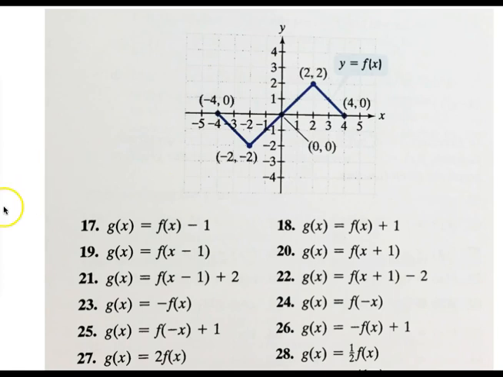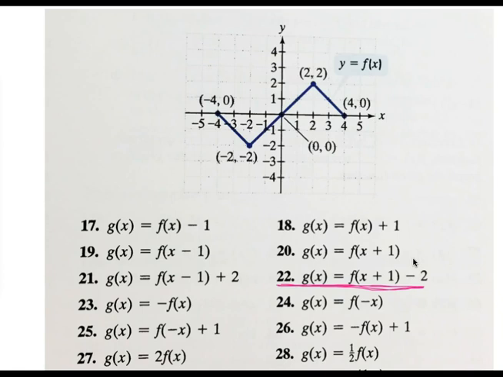So we're going to start with number 22 right here. And I'm going to color code everything because we're going to have lots of different points on this graph up here. According to this, I have an added value on the inside and a subtracted value on the outside, which means I have an h and a k value.